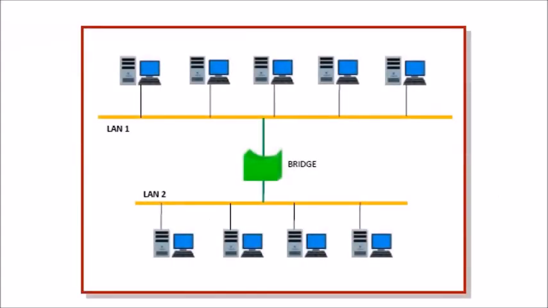Right, try to draw this one. I already asked you to keep some space. This one is for figure 1. Under figure 1, draw this one. No need to draw all the devices in each network. Three is enough. Drawing three devices for each network is enough. Then label them as LAN 1 and LAN 2.